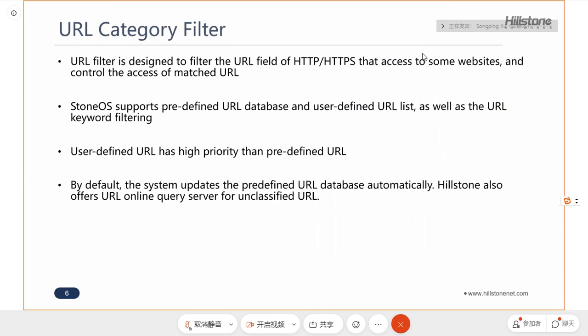After the URL license is installed, the device will update the URL database automatically as long as you enable the auto update. And we can also support the online query service for some unclassified URLs.